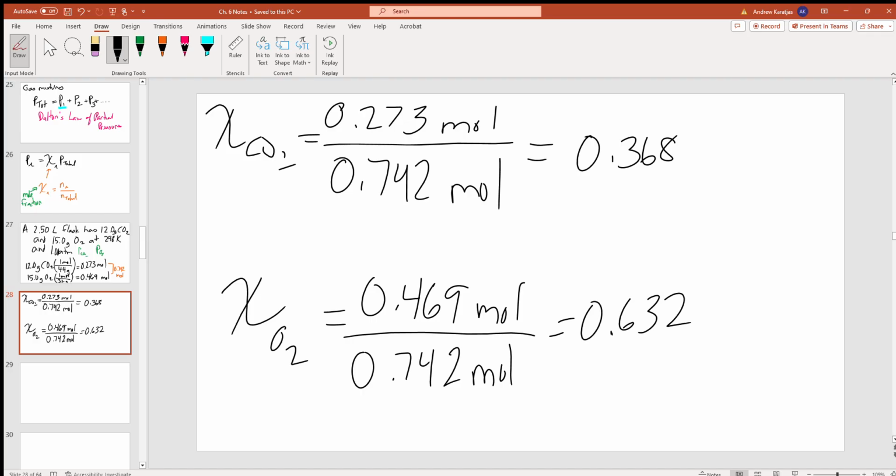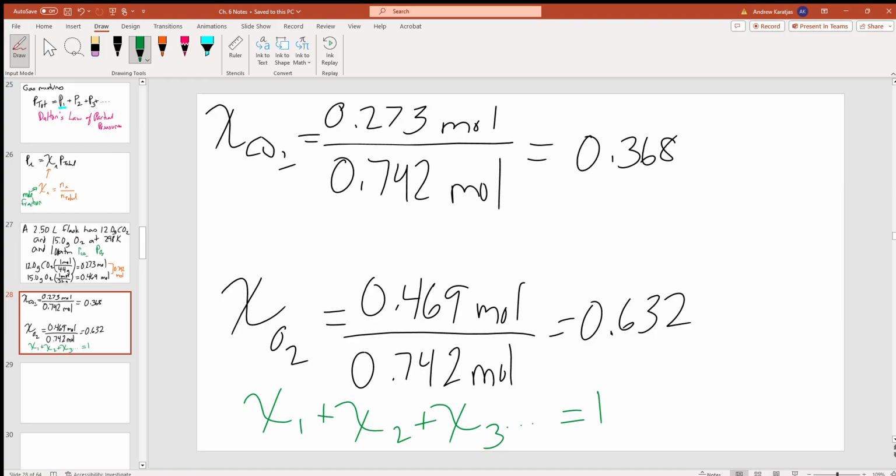Or, as we add up the mole fractions, the sum of all of them is always going to be 1. So we could have just taken our mole fraction of carbon dioxide, since there's only 2 components here, and just subtracted it from 1, and we would get the same value.